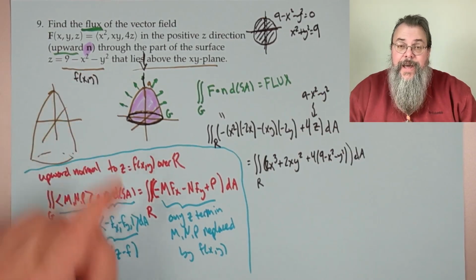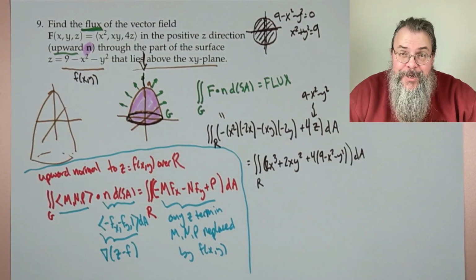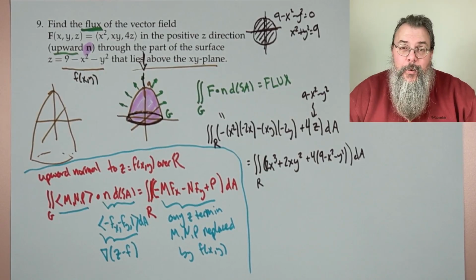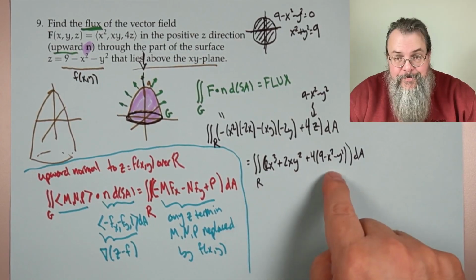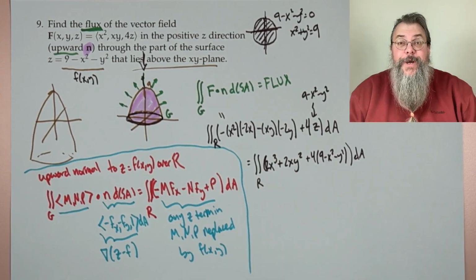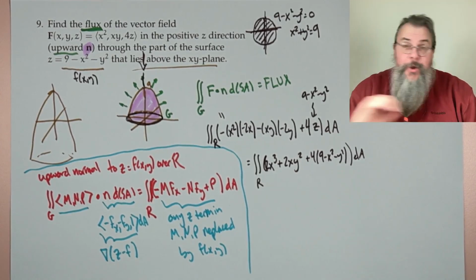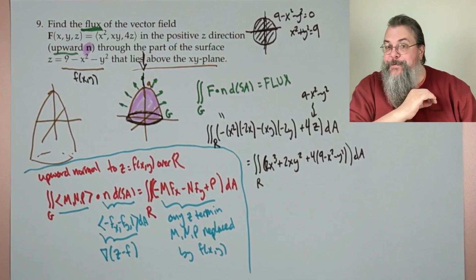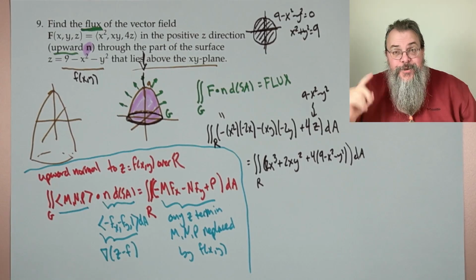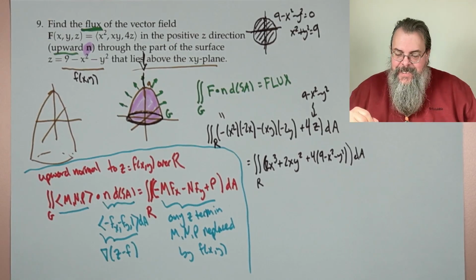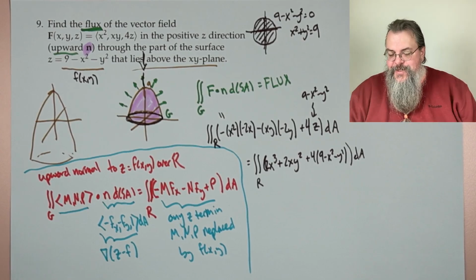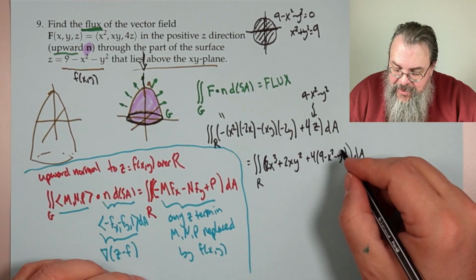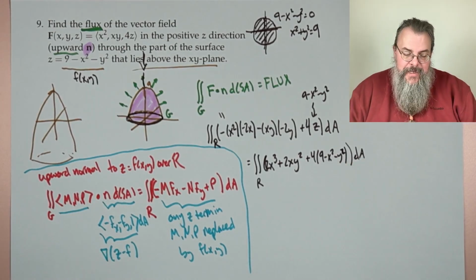All right, now, some good news. We have 3 terms. 2 of them we can do with no work. They're free. Do you see which 2? And why? Okay, so let's talk about what's going on.